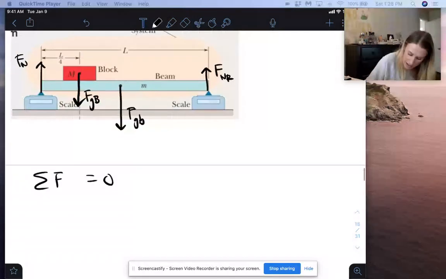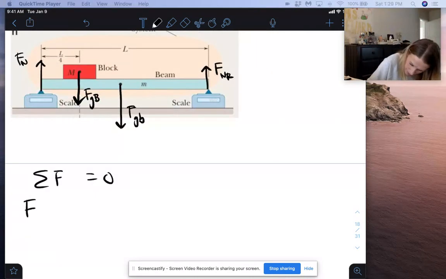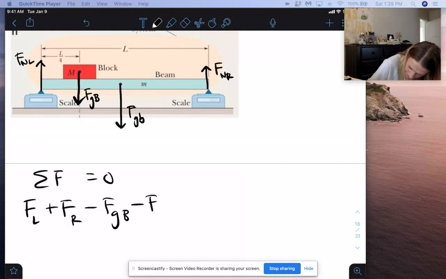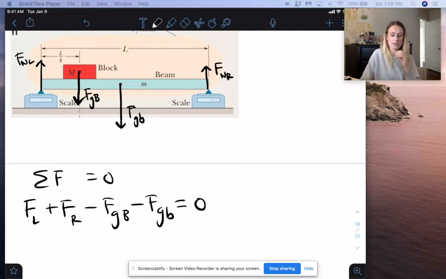Therefore, the normal force on the left plus the normal force on the right minus the force of gravity of the block minus the force of gravity on the beam is equal to 0.